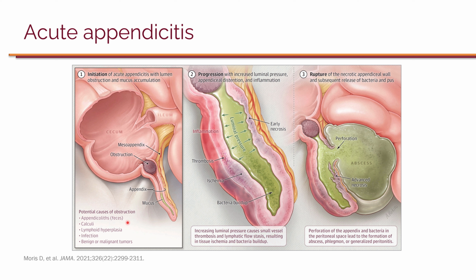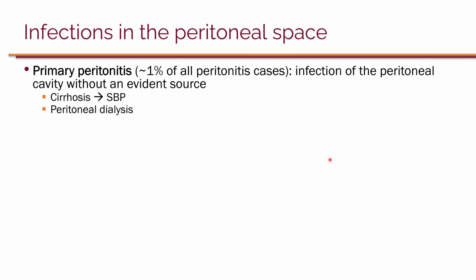The most common cause of obstruction would be fecal matter getting stuck here, but other things can also lead to obstruction. Once that happens, the pressure will start to build up inside the appendix, and this can happen pretty quickly. That can lead to inflammation, and potentially necrosis of the tissue and perforation. As perforation happens, that's when you have complicated intra-abdominal infection. So this becomes a medical emergency.